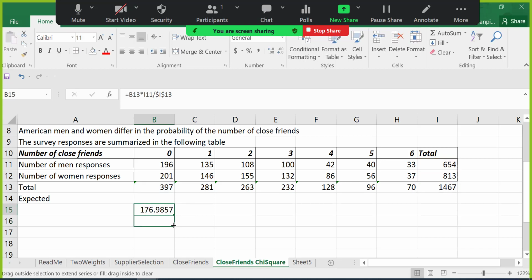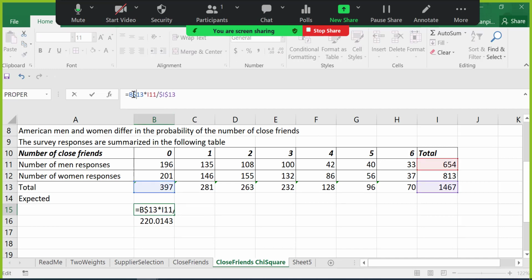If we put it down, this still needs to be 13, so this number 13 wouldn't change. And the total column wouldn't change.